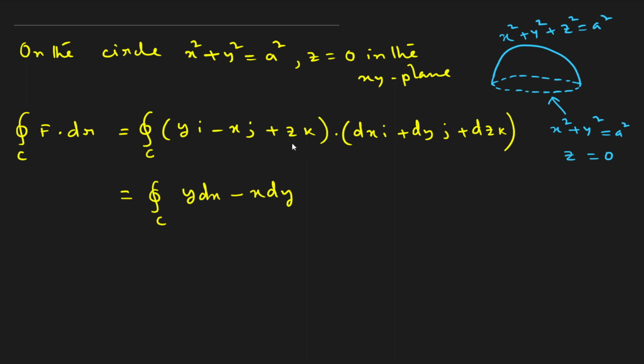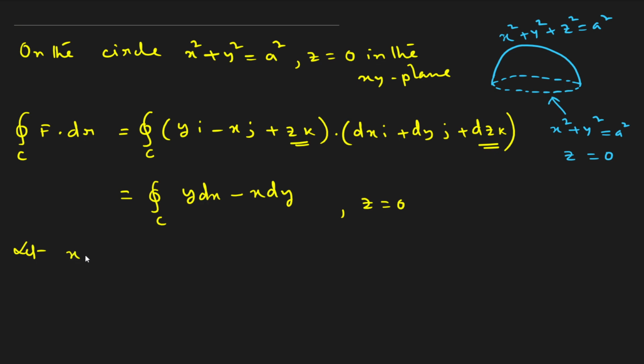And since z equals to 0, we do not need to write this term also, because for z equals to 0, the last term will vanish. Now, how to integrate this? Again, we have to take the transformation.